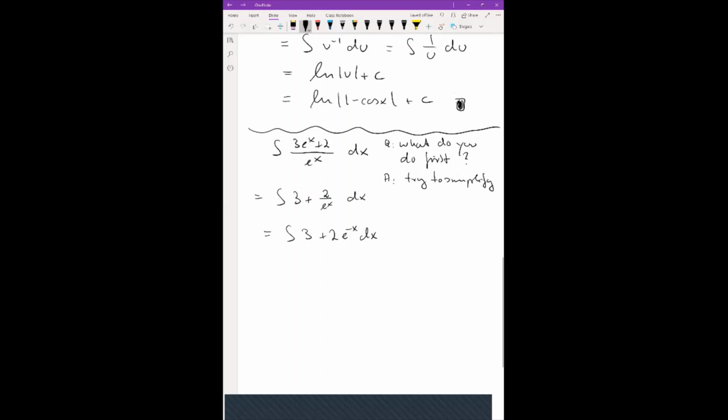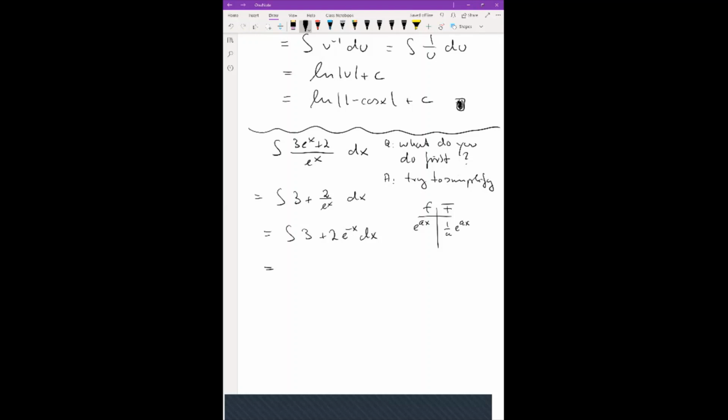So in this case, you really don't need a u substitution or anything here. You just have to know that the antiderivative of e to the ax is 1 over a e to the ax.